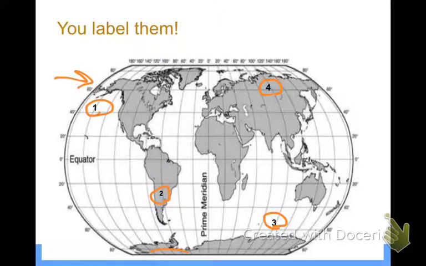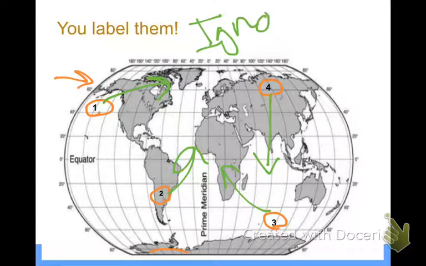So one thing I wanted to make sure I point out, because you will see this on tests, is that they like to draw air masses, and they will have the number 1 and then an arrow, and they'll have 2 and then an arrow, and they'll have 4 arrow, 3 arrow. When you see something like this on a test, ignore the arrow, okay?